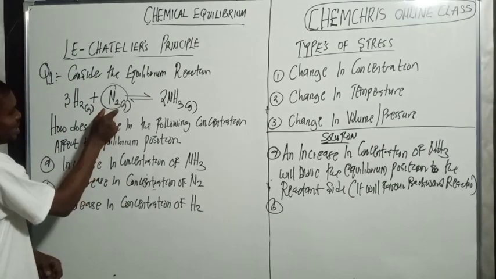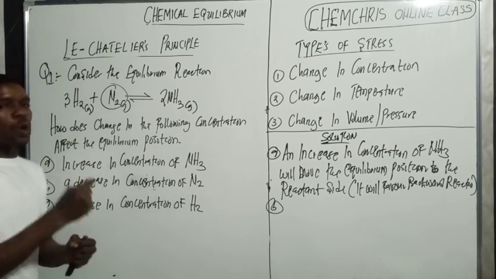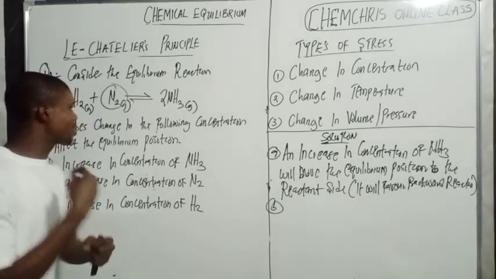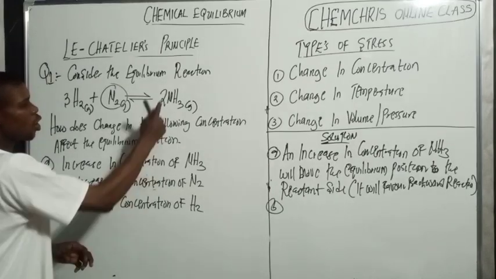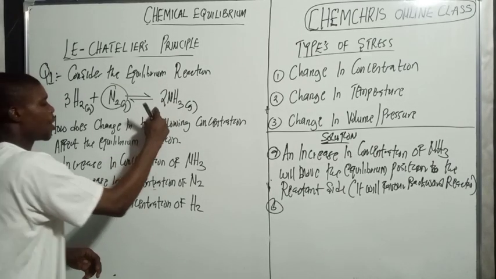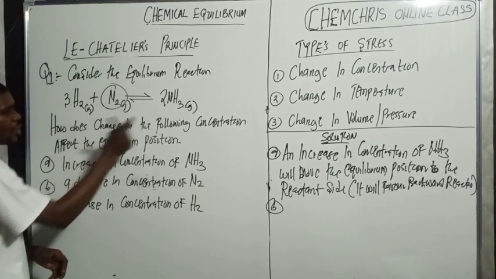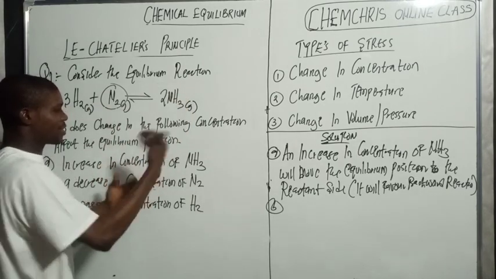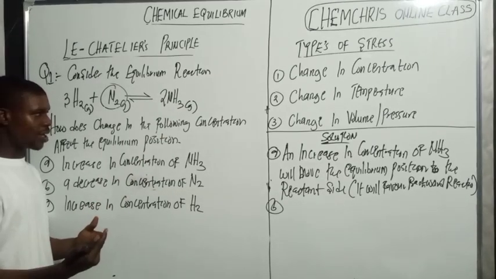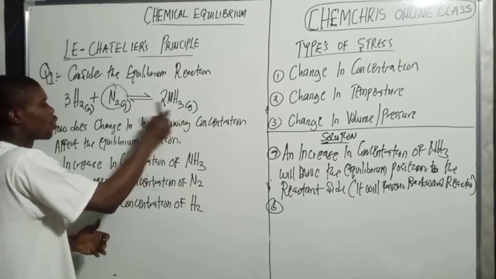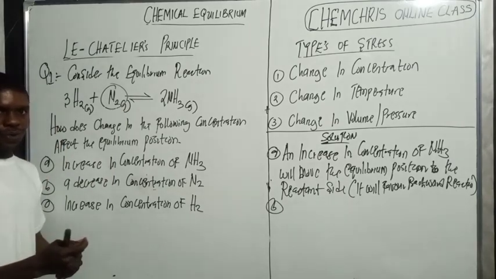So when you decrease nitrogen here, the reaction will shift backward to create more of what is being lost. When you remove this one here, the reaction moves to produce more of it, so the concentration of the other one will decrease. Do you understand?